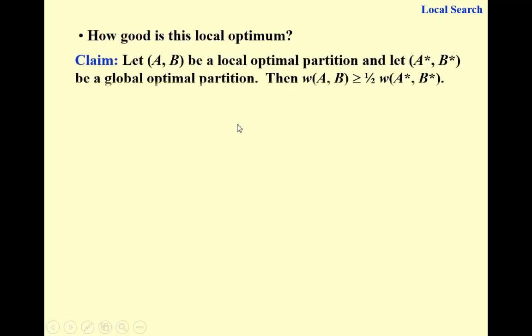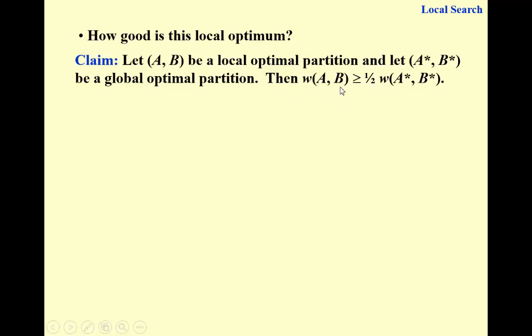Let's start from the quality of this local optimum. Here's a conclusion about the quality, about the approximation ratio actually. Let AB be a local optimum partition, and let A star, B star be a global optimal partition, that is the real optimal solution we're looking for.